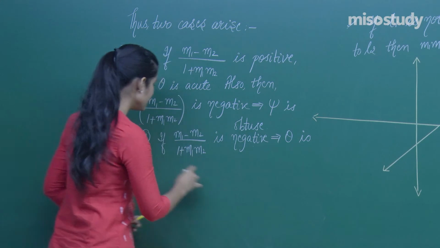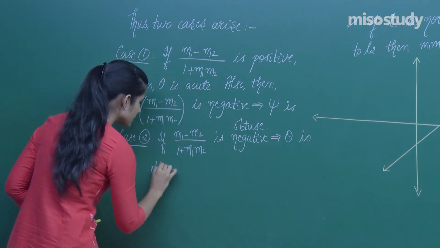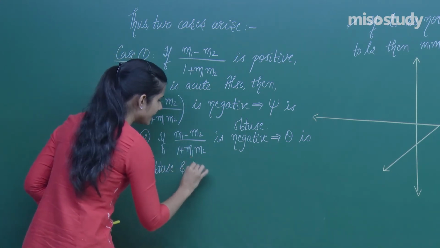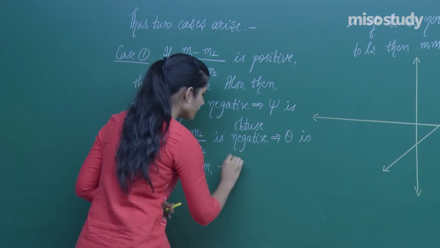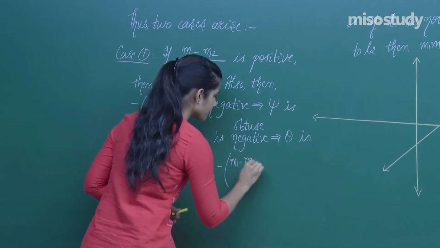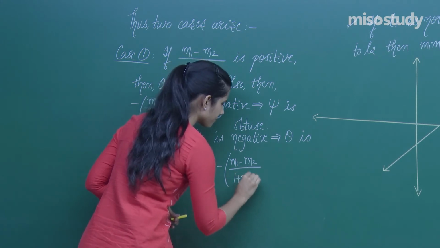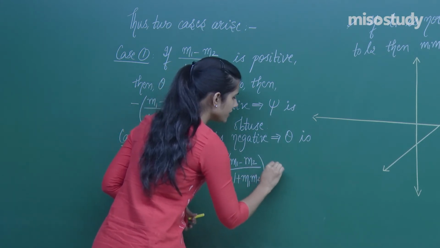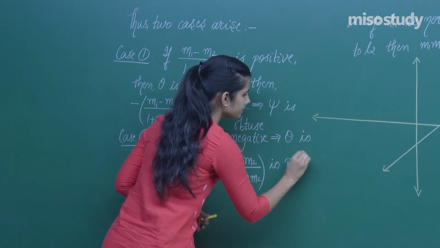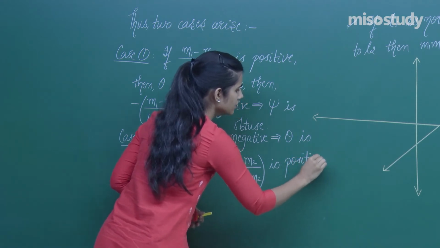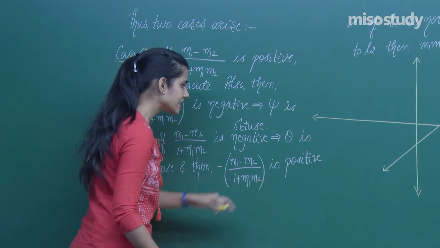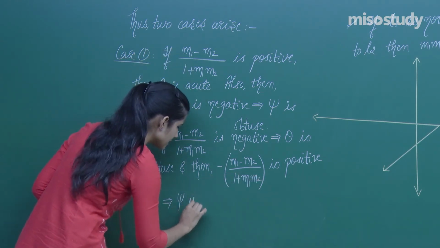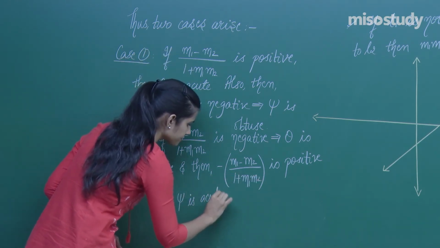So theta is going to be obtuse, and then if this quantity is negative, minus of it is going to be positive, which implies, what is minus of it? It is tan xi. Tan xi is positive, that means xi is acute.